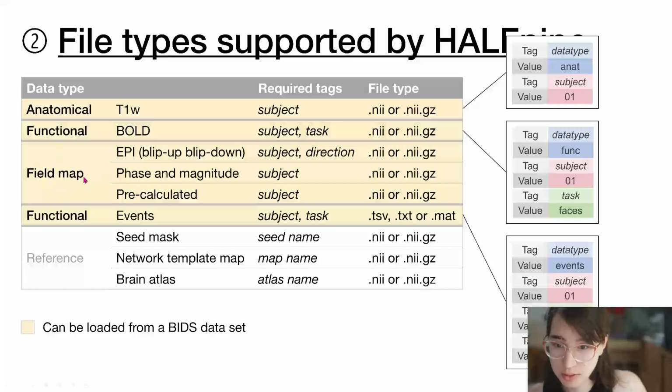You can also use field maps, and all the three types of field maps that are supported by fMRIPrep can be added in here. And later on, when we are doing task-based analyses, you might also want to add event files that tell you which conditions happen in your task. And for resting state things, you might need to have different masks and atlases for regions of interest.